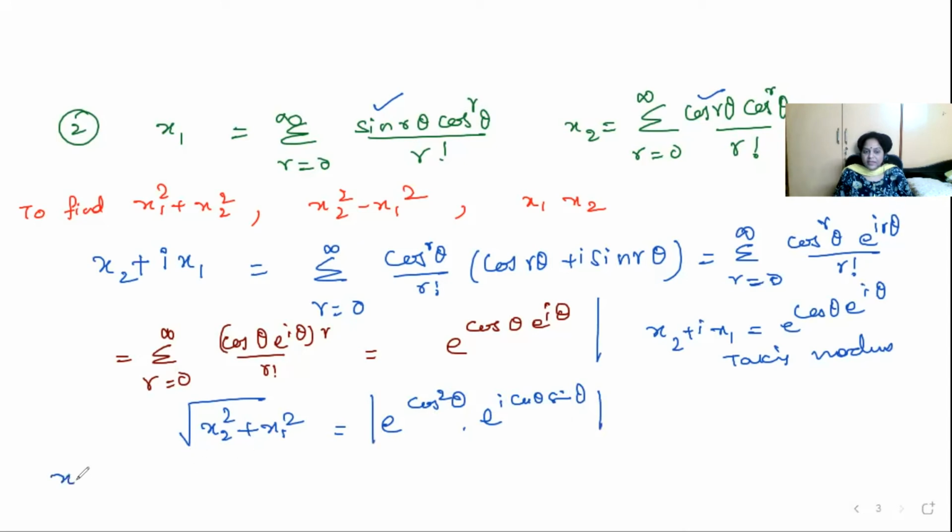So finally, we get x2 square plus x1 square as e raised to cos square theta whole square, which we can also write as e to the power of 2 cos square theta. This is how we can find the value of x2 square plus x1 square.